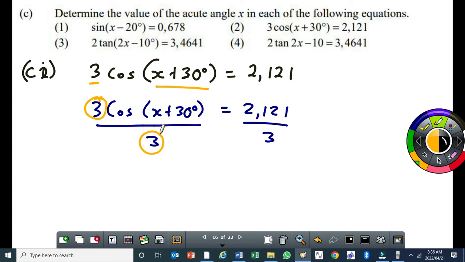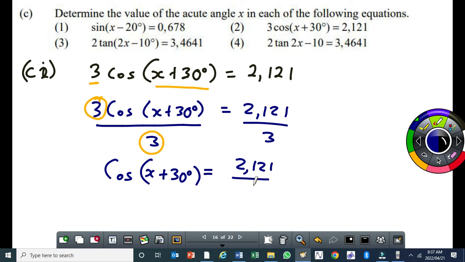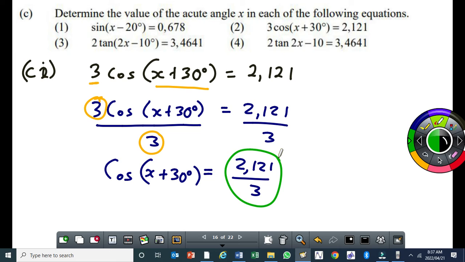Because I know that some of you, as learners, can end up doing that. So once we do this, we end up getting cosine of x plus 30 degrees is equal to 2,121 over 3. Please, it's not necessary for you to convert this to a decimal. Because you can put it in the calculator as it is.